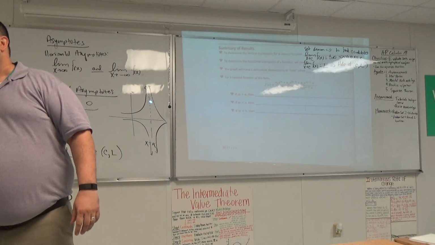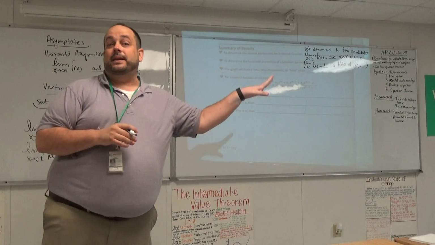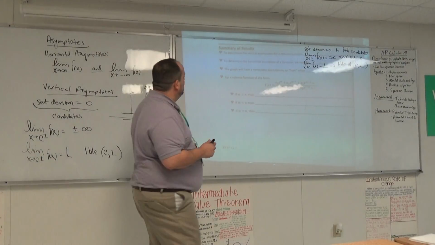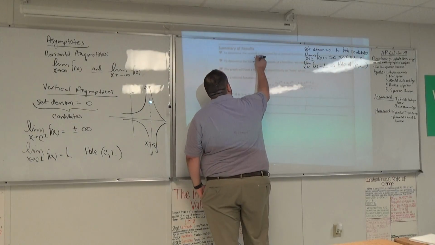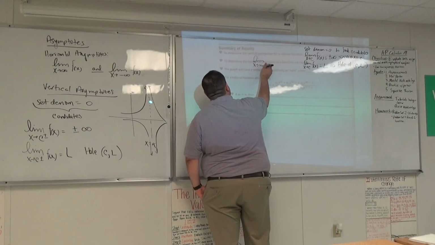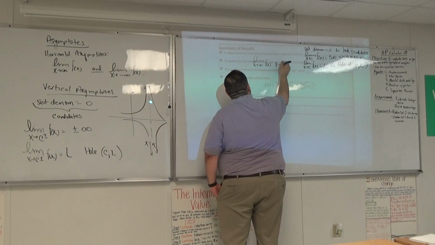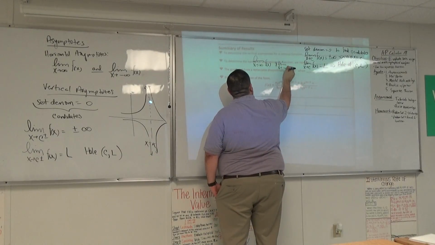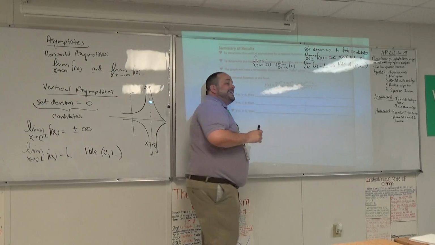What's happening as we go to negative infinity? What's happening as we go to positive infinity? So for horizontal asymptotes, you're going to say, what's the limit as x approaches infinity of f of x? And what's the limit as x approaches negative infinity of f of x? You got to check them both.